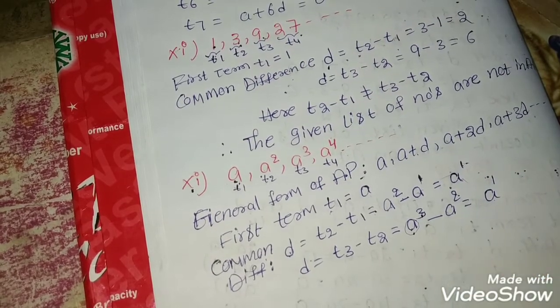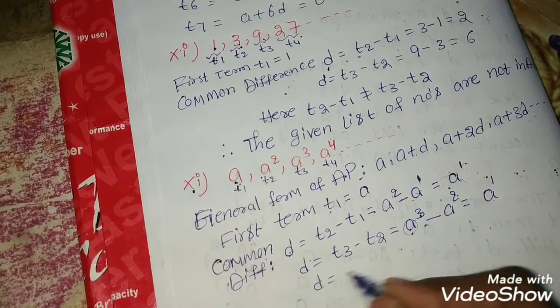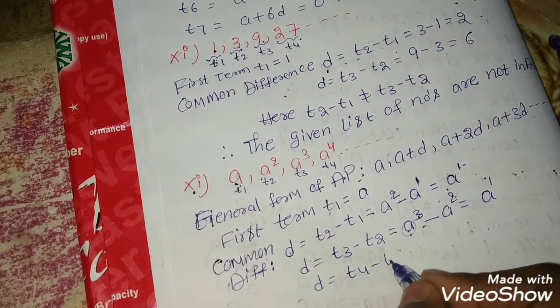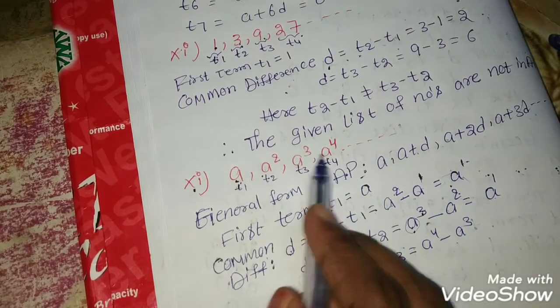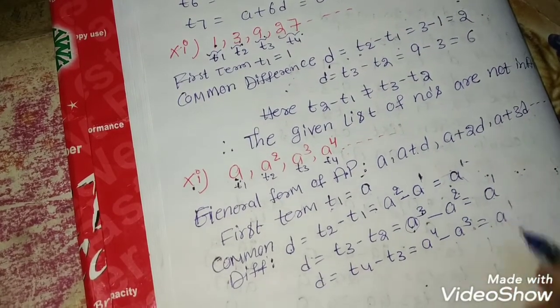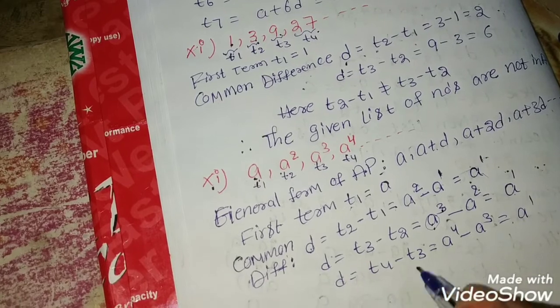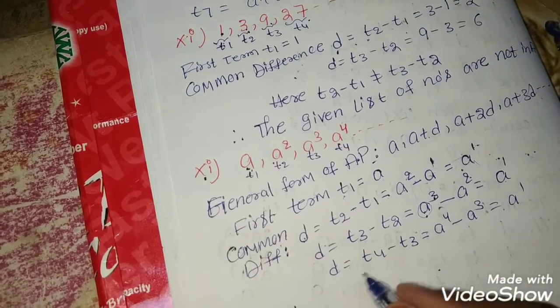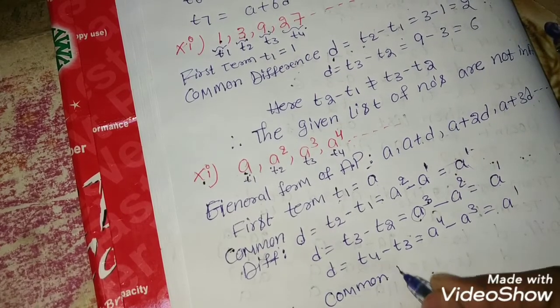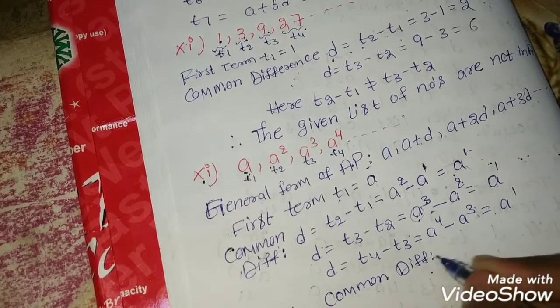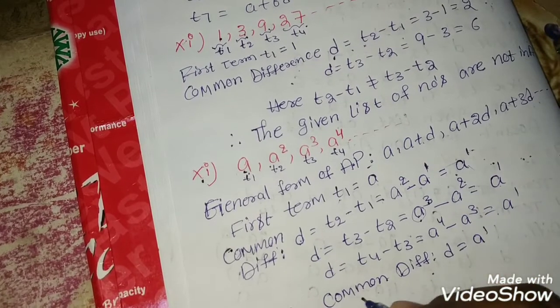See, here we are getting the same. Still, if you have any doubts, check T4 minus T3. What we have? A power 4 minus A cube. We get again A power 1. Therefore, we are getting a constant term. Therefore, common difference D is equal to A power 1. Okay.